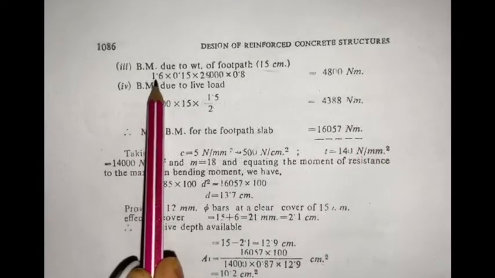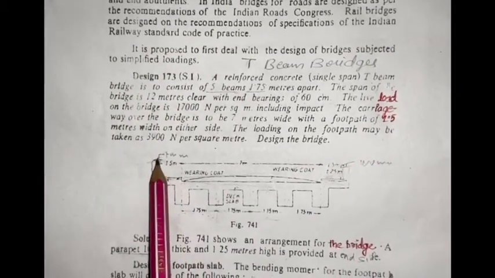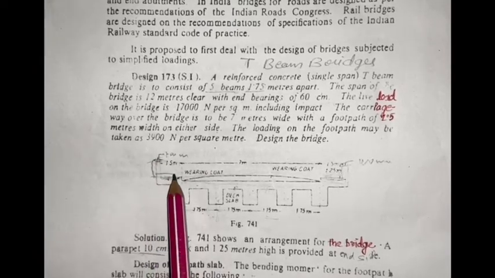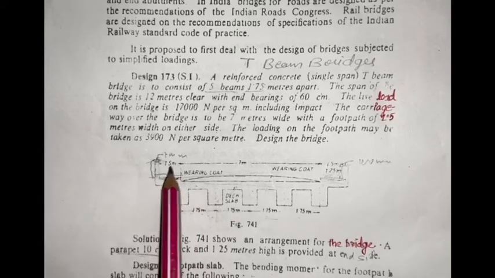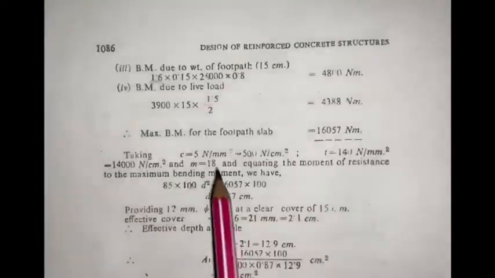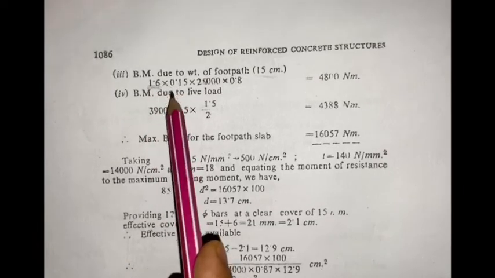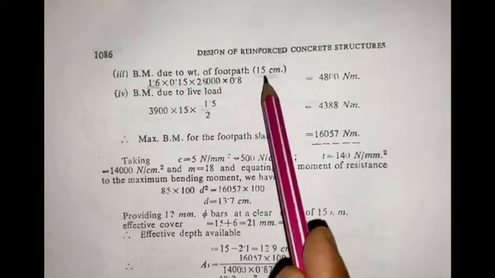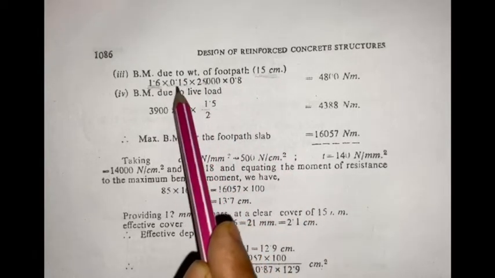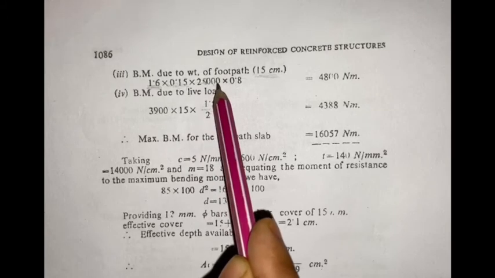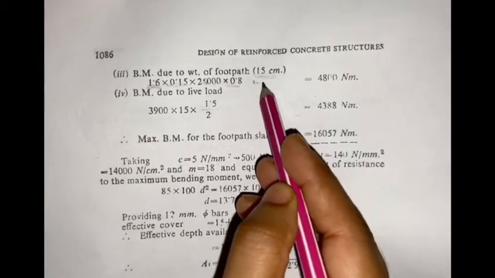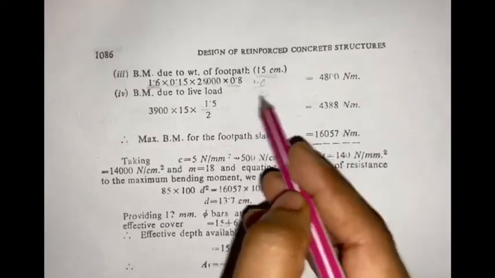We have taken 1.6 because we have taken the thickness of 10 centimeter here, so we have taken this length from here to here. 0.15 is the thickness of 15 centimeter converted into meter, and this is the specific gravity of the concrete, and 1.6 divided by 2 is half of the length.